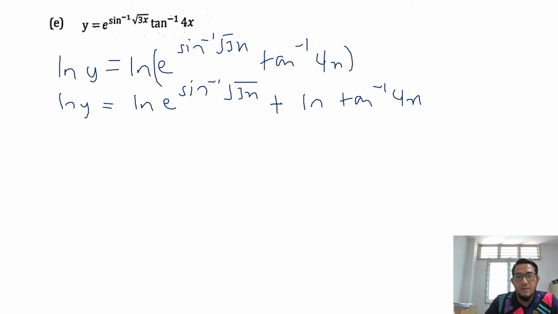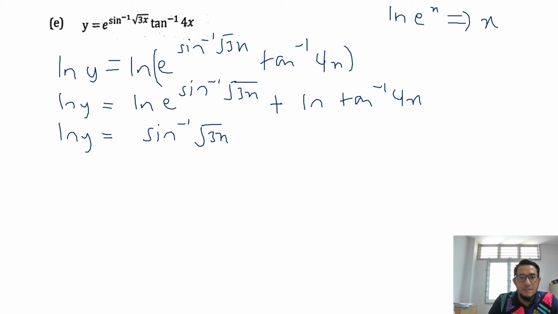You must know the properties of log: ln e power of x equals x. So for this part, ln e power of sine inverse 3x equals sine inverse 3x. So you should get ln y equals sine inverse 3x plus ln of tangent inverse 4x. So we have simplified the question using properties of log.